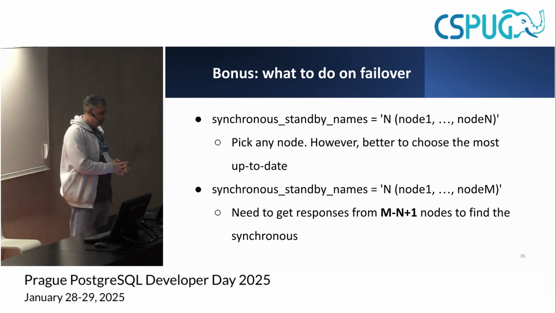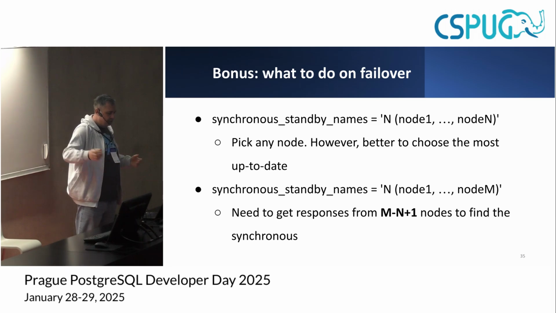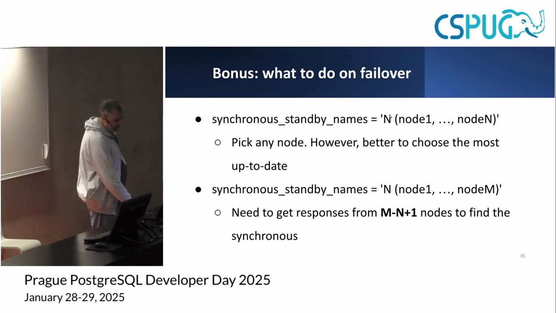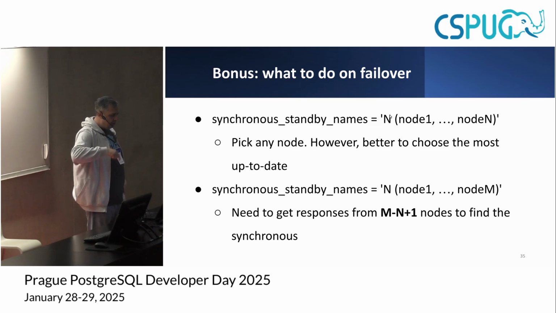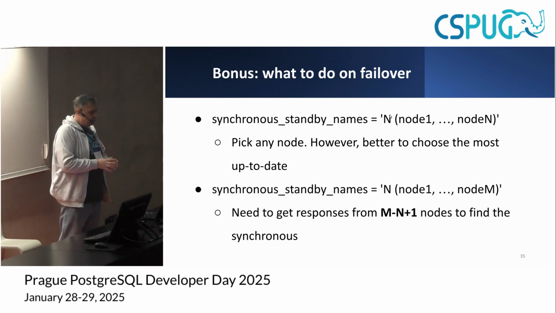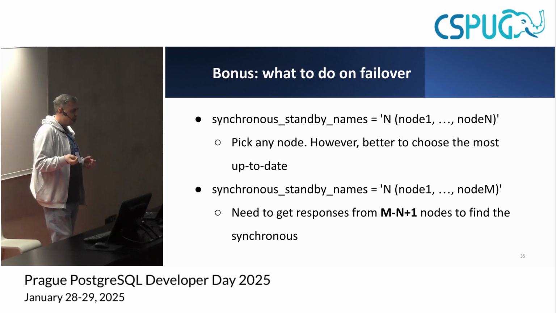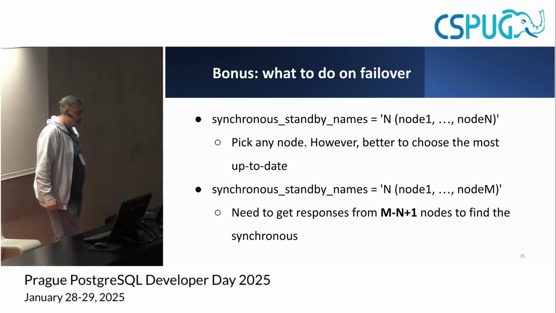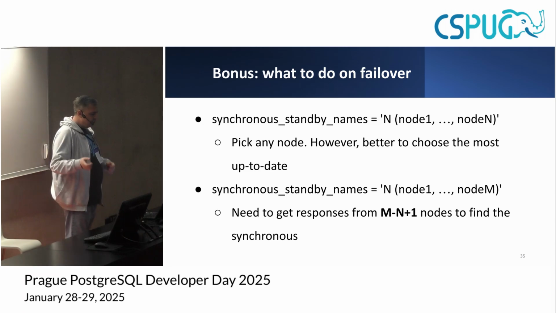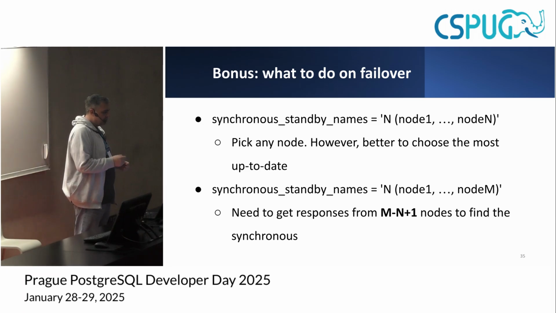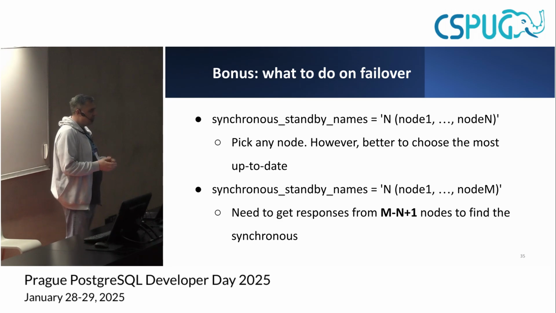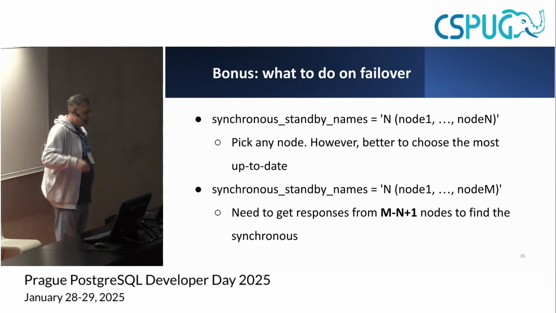If our synchronous_standby_names is in the format N out of N nodes, the same number, we can basically pick any node and promote it, and there will be no visible data loss, provided the application isn't doing anything terrible, like disabling synchronous_commit. However, it's better to choose the most up-to-date node so that we don't have to do pg_rewind on the rest. If we promote a node that is not the most up-to-date, the rest must be rewound.